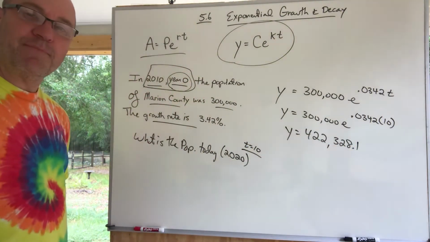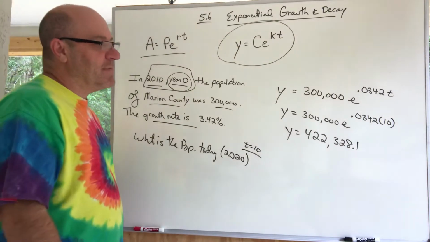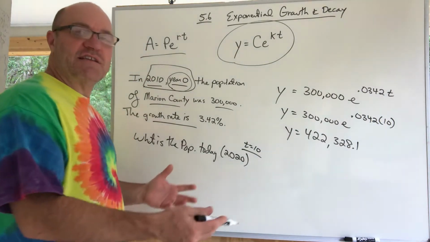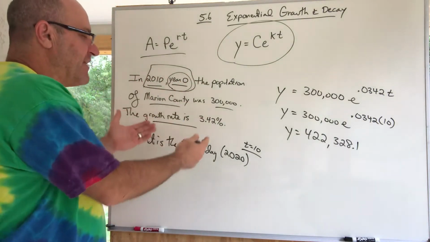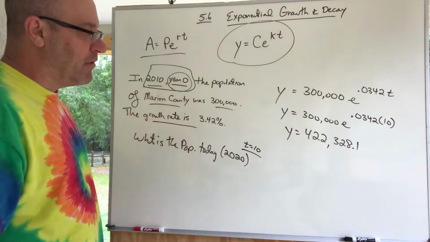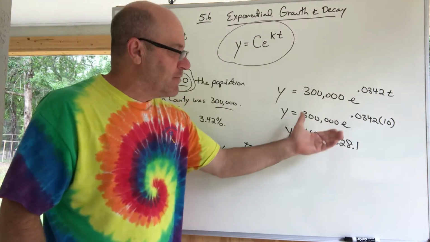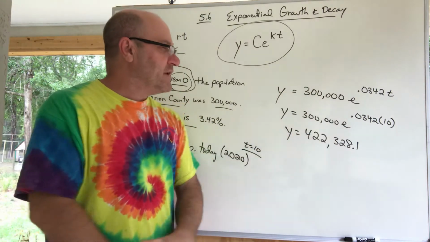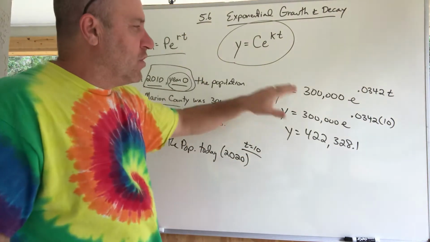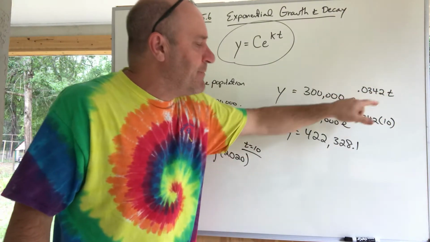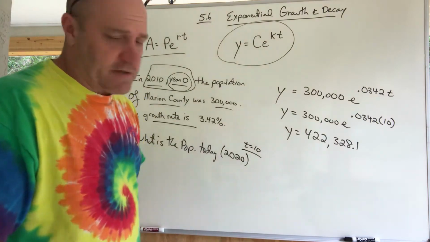So that was good. Now, here's another question I'm going to ask you. How long does it take to double? We're talking about the same problem. How long will it take to double? So I guess in 10 years it hasn't doubled yet. It's at 422,000. In order to double, of course, we're looking for the time when it equals 600,000.